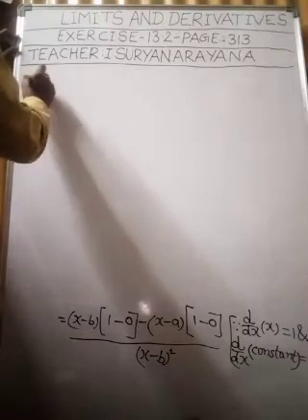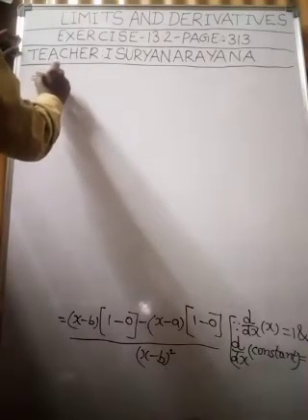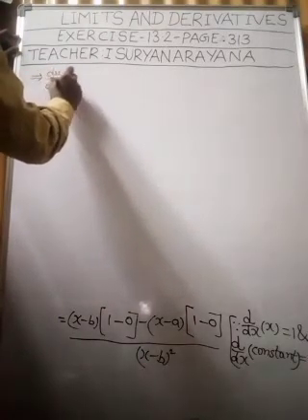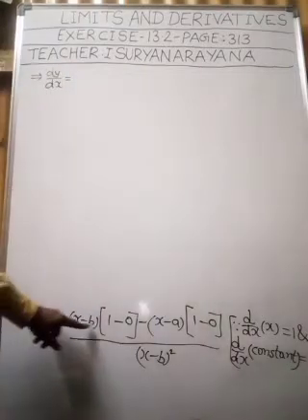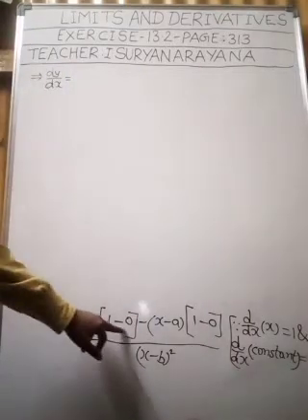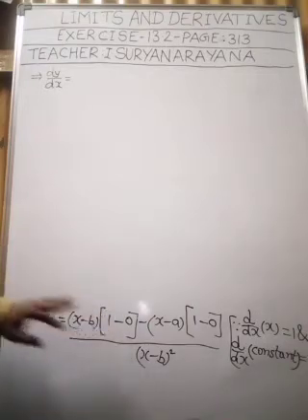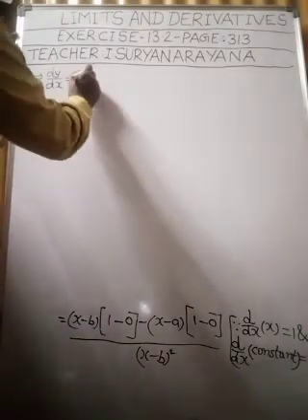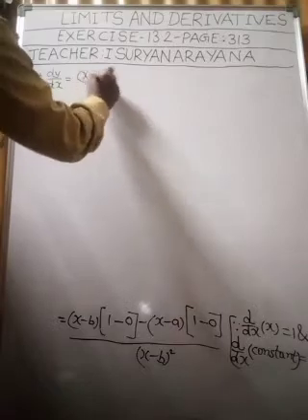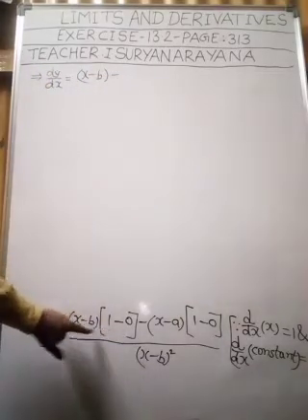Okay, my children, this implies dy by dx is equal to x minus b into, what will we get in this bracket? 1 minus 0, 1. So x minus b into 1. What will we get? x minus b, minus. Understood this one, my children? This is the first term.